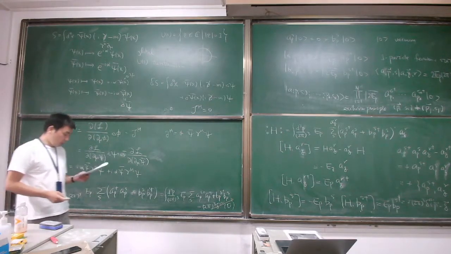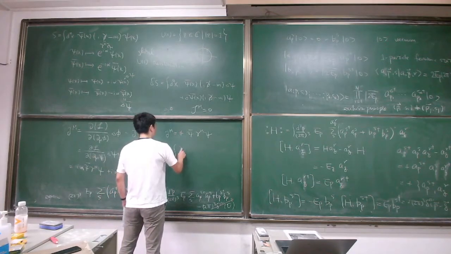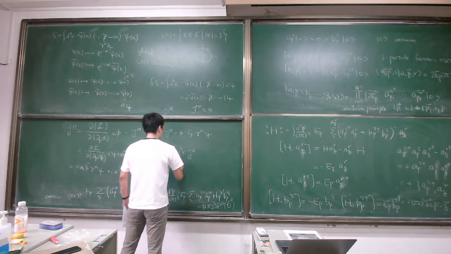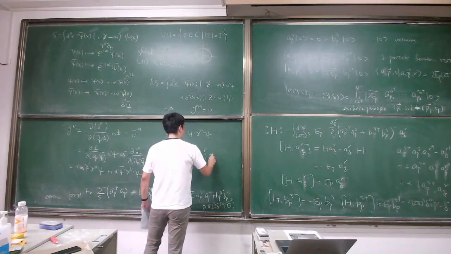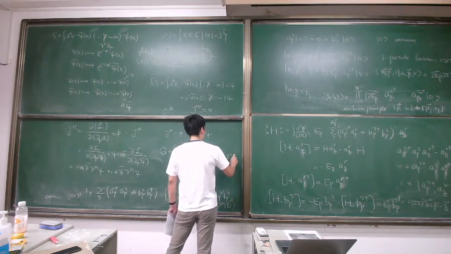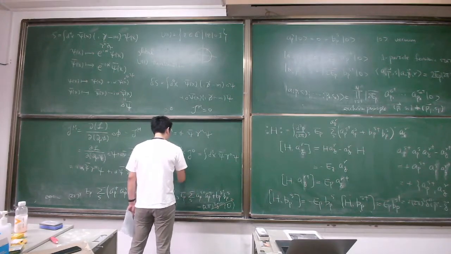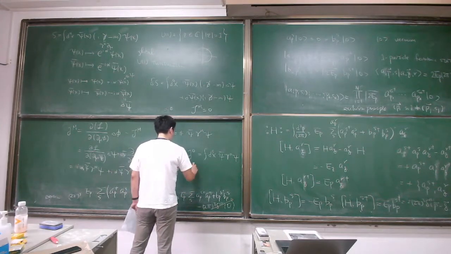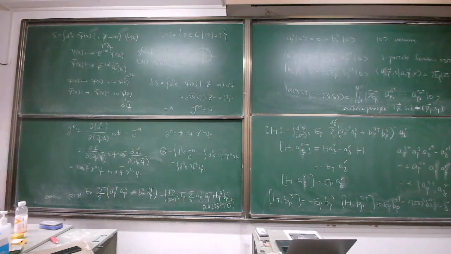And then the charge is Q, the integral d^3x of J^0, which is the integral d^3x of psi bar gamma^0 psi, and psi bar gamma^0 is just psi dagger, so psi dagger psi.